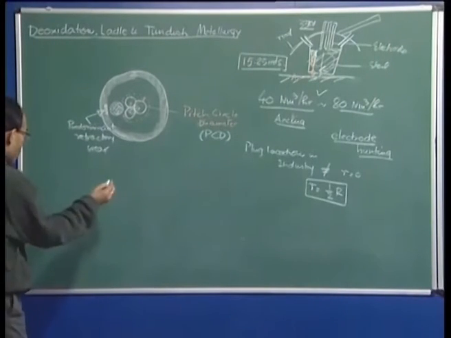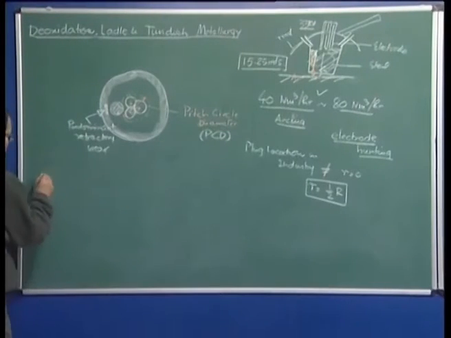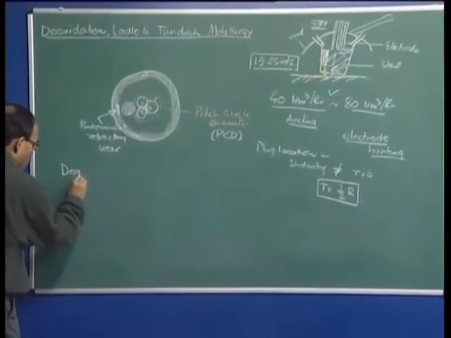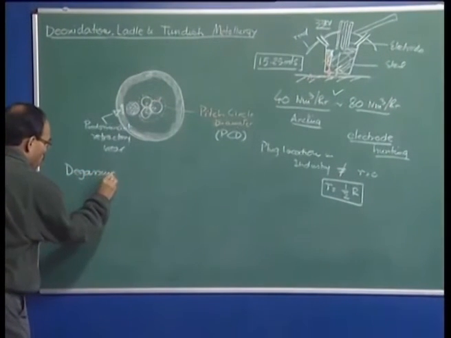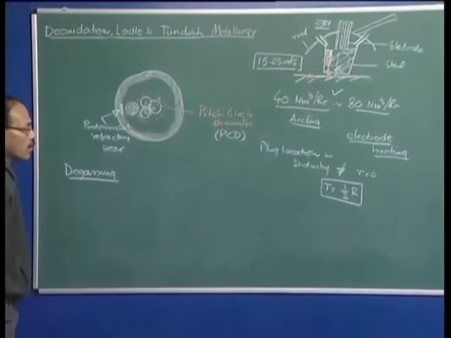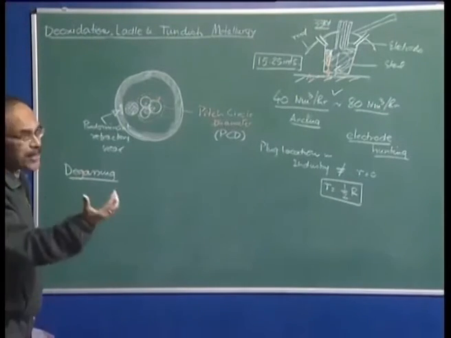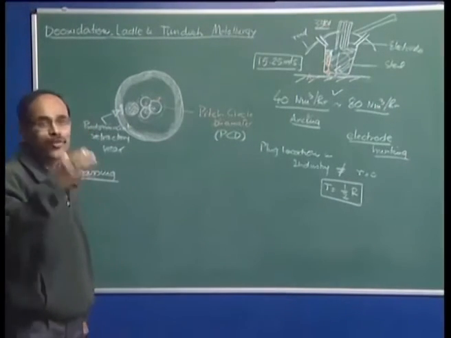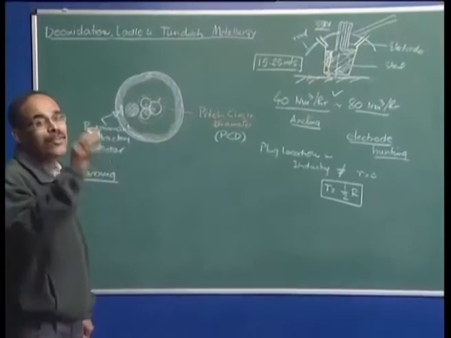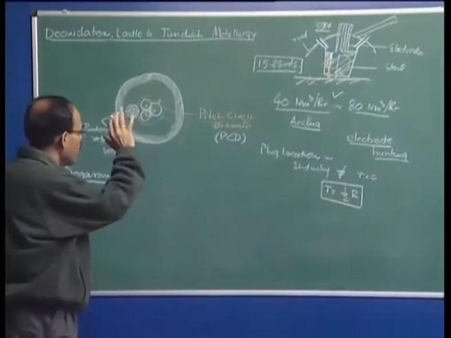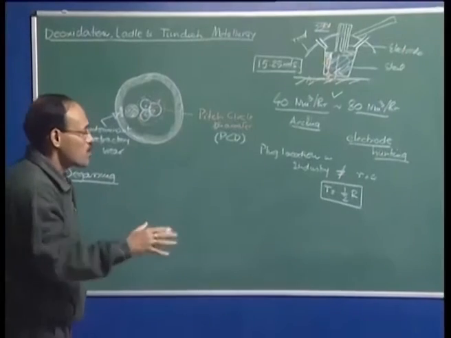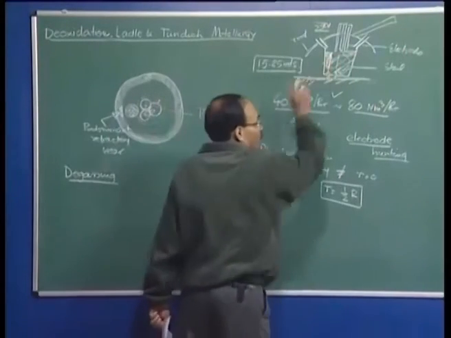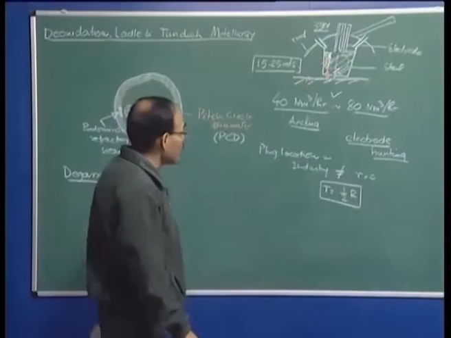The next important topic for us is degassing. So, the drop in temperature in tapping, the drop in temperature because of holding, the drop in temperature because of melting and dissolution processes are going to be compensated through treatment in the ladle furnace.